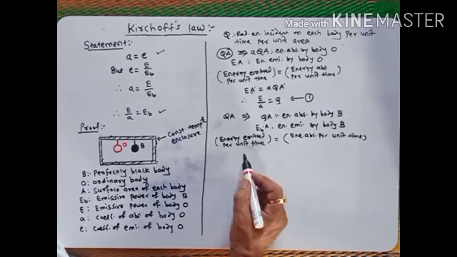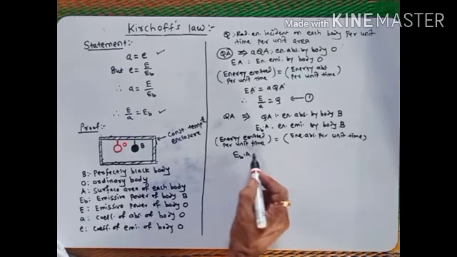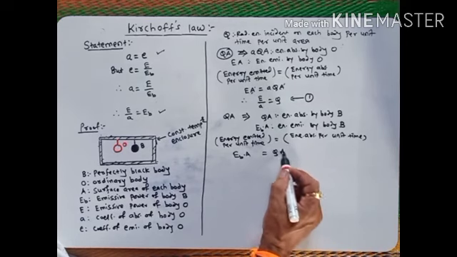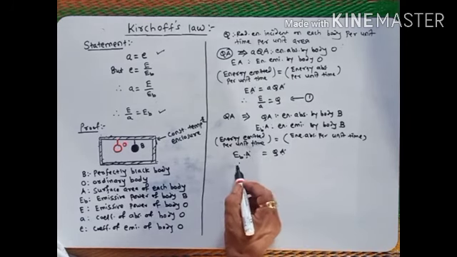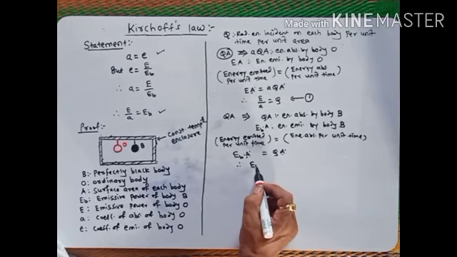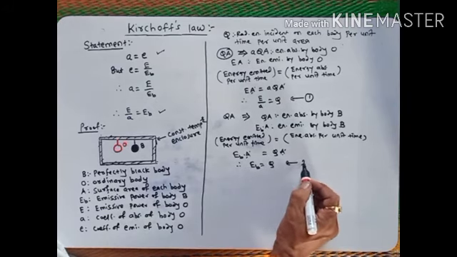That means EB into A is equal to QA. Again A gets cancelled and therefore EB is equal to Q. Suppose this is equation number 2.